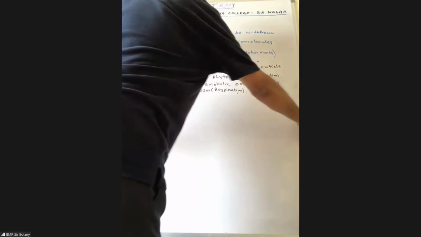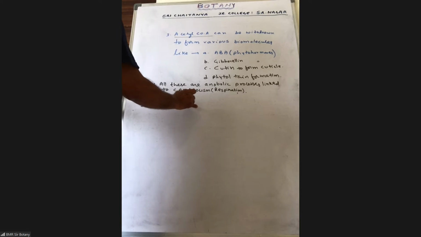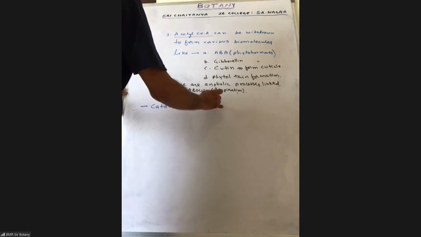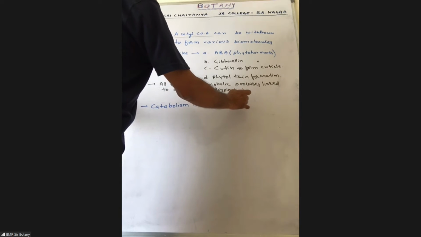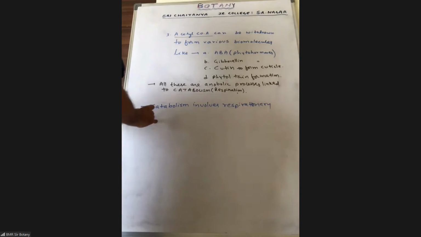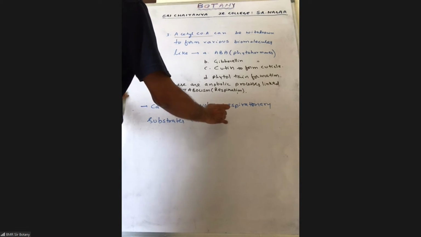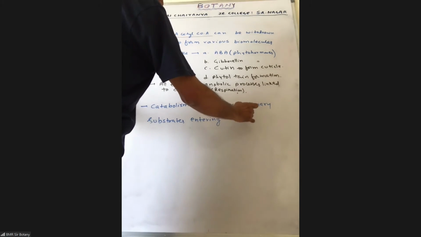Similarly, respiratory substrates can enter the pathway as intermediates also. So catabolism involves respiratory substrates entering the pathway in different forms.